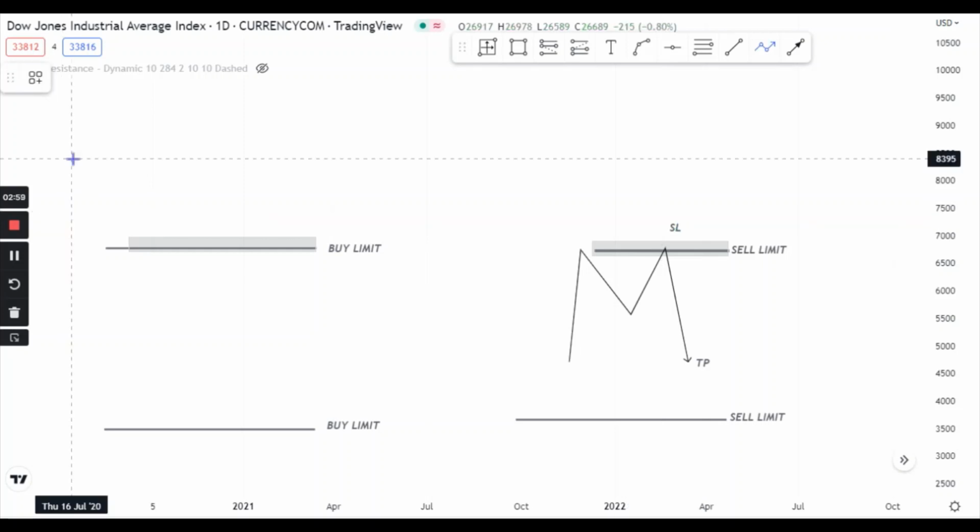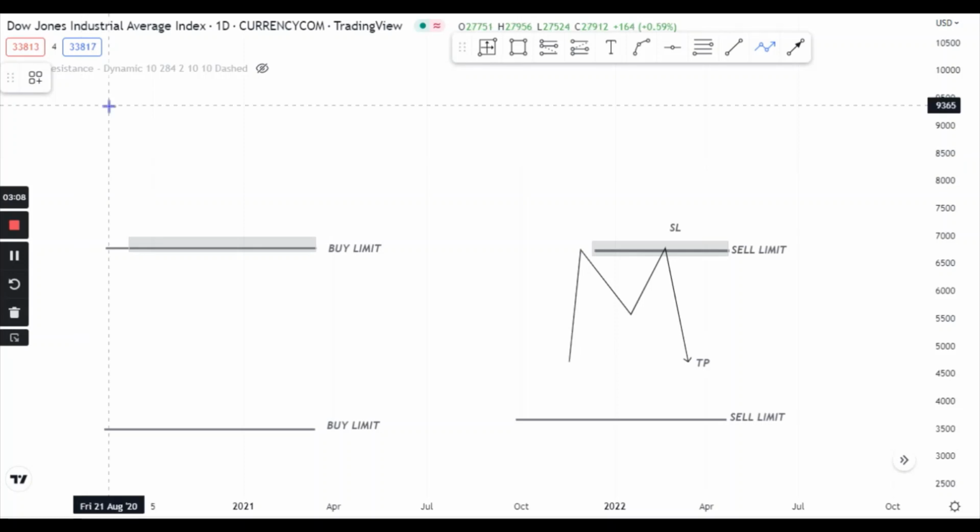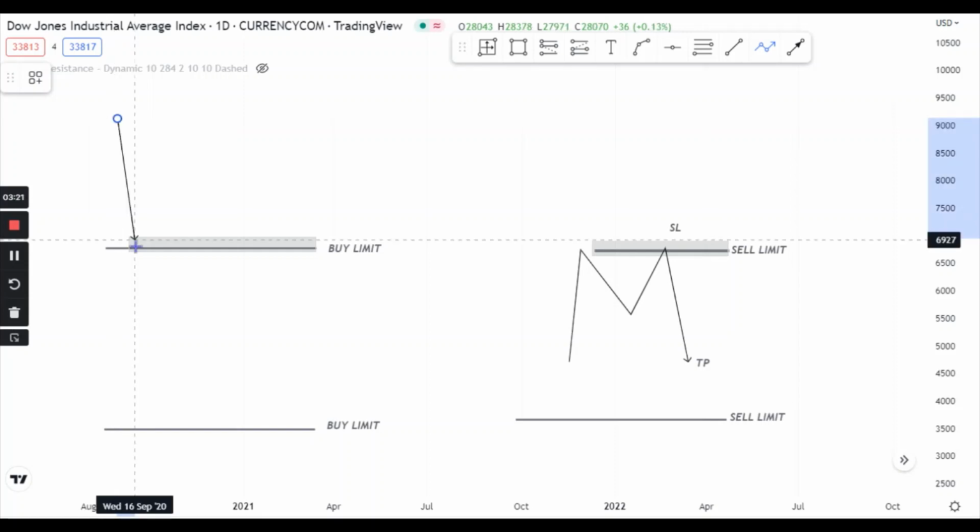But I learned some other keys where this had its own disadvantages, where it took me out of a trade where I was actually intending to take profit. What happened was I placed it. I think I was waiting for a double bottom at that moment, and it hit my support.